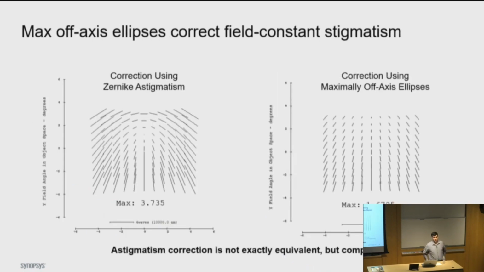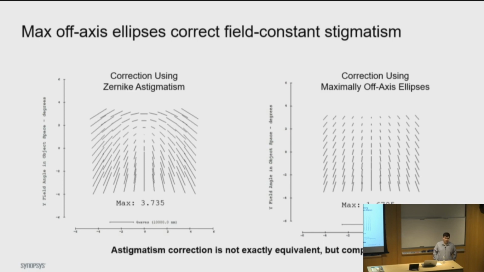And if we look at how it works, we can see that things work pretty well. So here are full field displays of the astigmatism aberration. On the left is our baseline design, which has been corrected using Zernike astigmatism terms. On the right is our full field display where we've done the correction using maximally off-axis ellipses. On the left-hand side, you've got about 4 waves of Zernike astigmatism remaining, and the field constant astigmatism really has been nicely corrected.